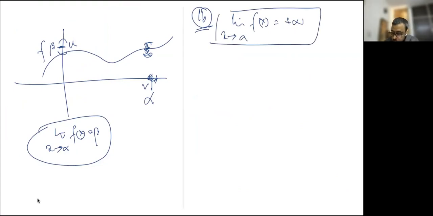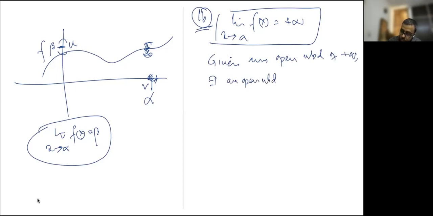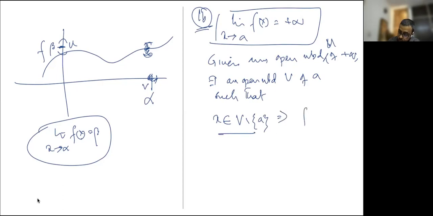Given any open neighborhood U of plus infinity, there is an open neighborhood V of A such that x belongs to V minus A implies f(x) belongs to U, right?